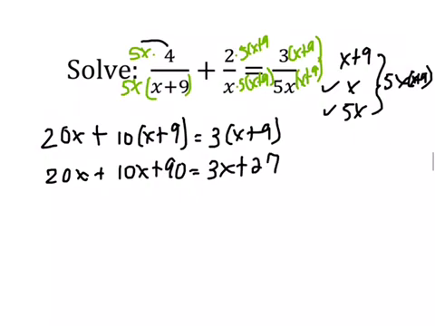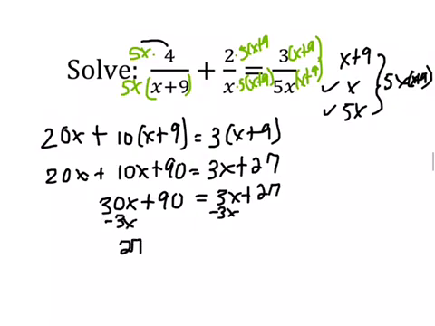So notice here I do not have any x squareds. So this is going to be a much simpler problem to solve. I have 30x plus 90 equals 3x plus 27. So if I take away 3x, I got 27x. If I take away 90 here, that would be negative 63.